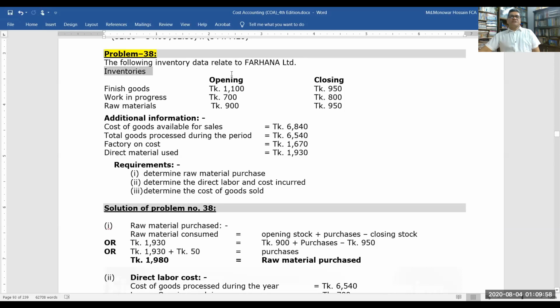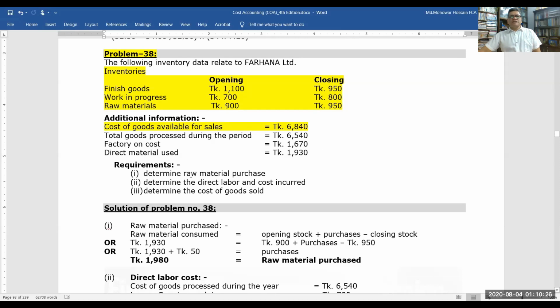So inventories, opening and closing, finished goods, work in progress and raw materials. So we know there are three types of inventories. All are here in this math. And additional information: cost of goods available for sale 6840, total goods processed during the period 6540, factory overhead cost 1670, direct material used 1930.